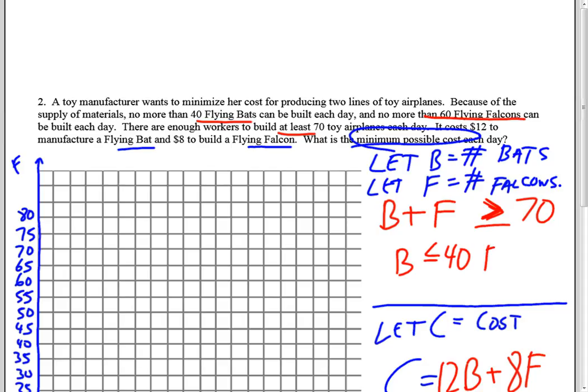We're saying that the Falcons have to be less than or equal to 60. By having that in there, it makes sense now. We're not looking at infinite toys. Every problem's a little bit different. The more of these you work on, you'll get an idea of how to deal with them as you read them.